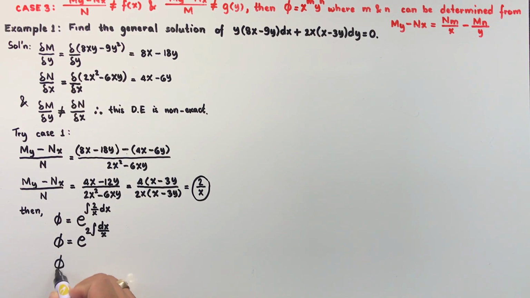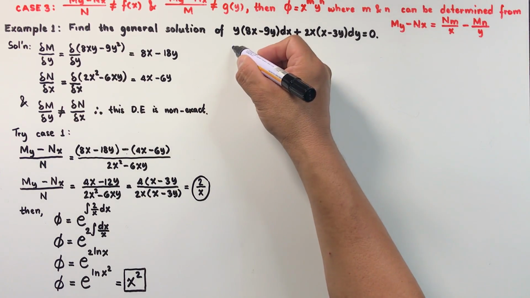And we know that the integral of dx over x is ln x. And applying the properties of the logarithm, we have ln of x squared here, because these two can be an exponent of x. And we know that e to the power the natural log of x squared is simply x squared. So our integrating factor is x squared. So this is now our phi function.